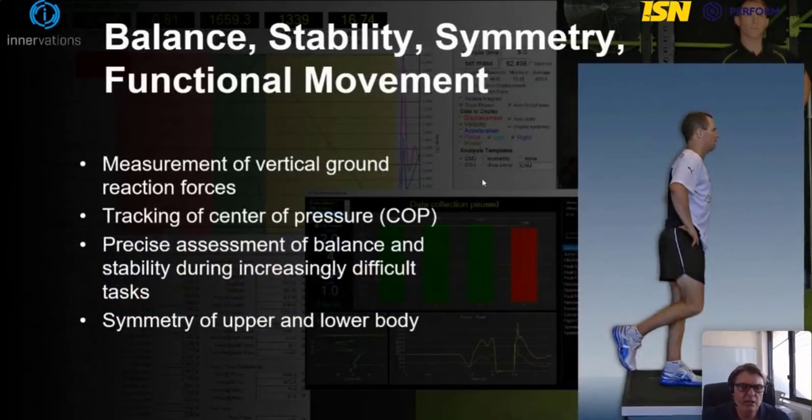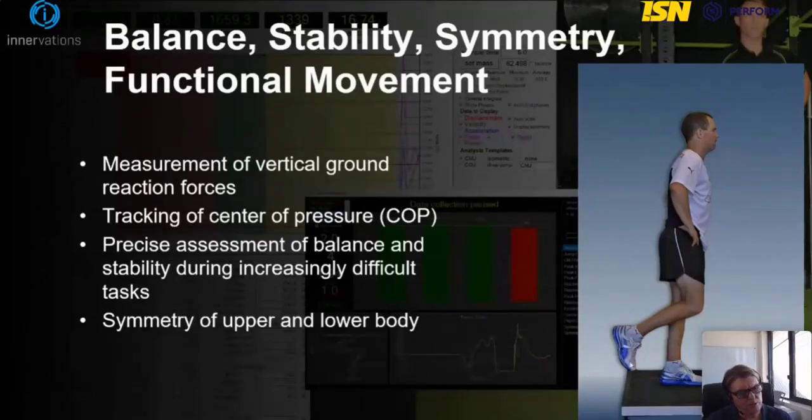So moving on from here, I'll just spend a moment talking about some other measures that we use frequently, and that's the assessment of balance, stability, symmetry and functional movement capability. Again, we generally do these tests using a force platform, and we measure the vertical ground reaction forces and then track what's termed the centre of pressure.